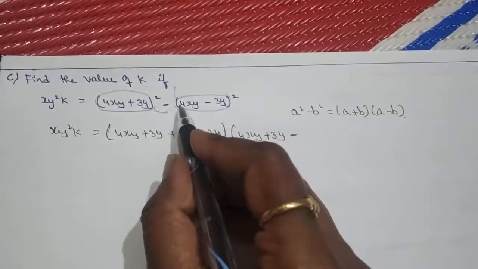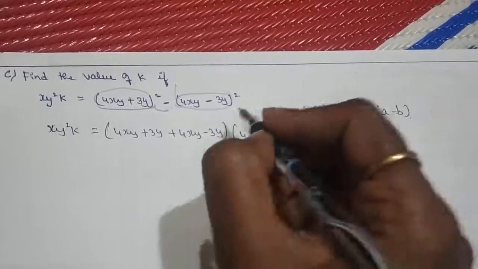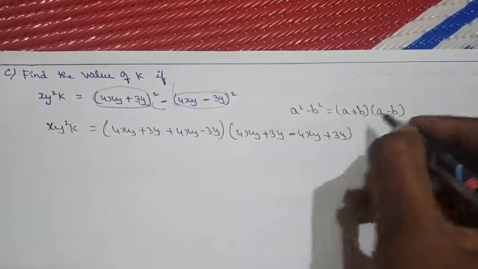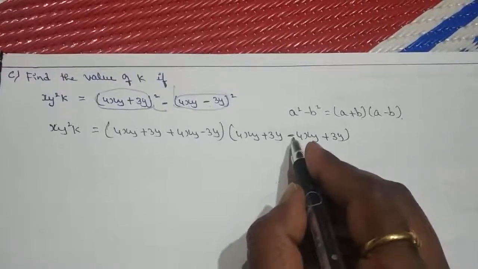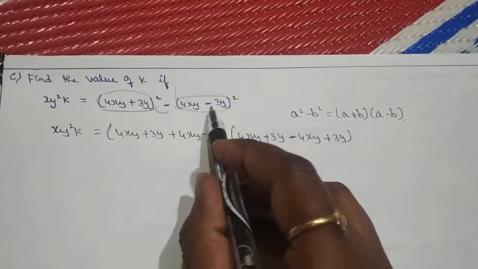Here plus 4xy in the sense minus 4xy. Minus 3y is nothing but plus 3y. So when you are substituting the negative value for the variable, the signs of the terms change. Plus becomes minus and minus becomes plus.